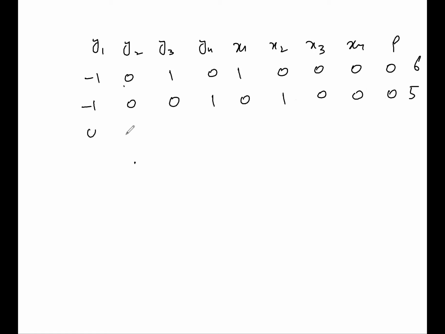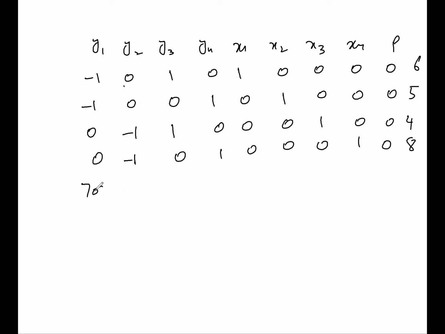Then 0 minus 1 1 0 0 0 1 0 0 4, and then 0 minus 1 0 1 0 0 0 1 0 8, and then 700.